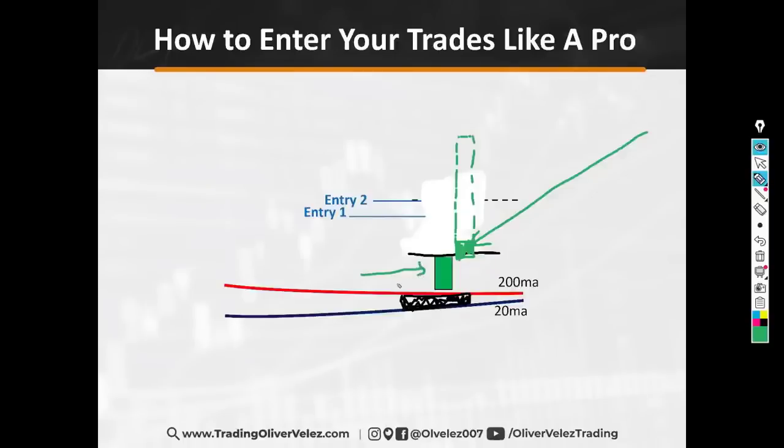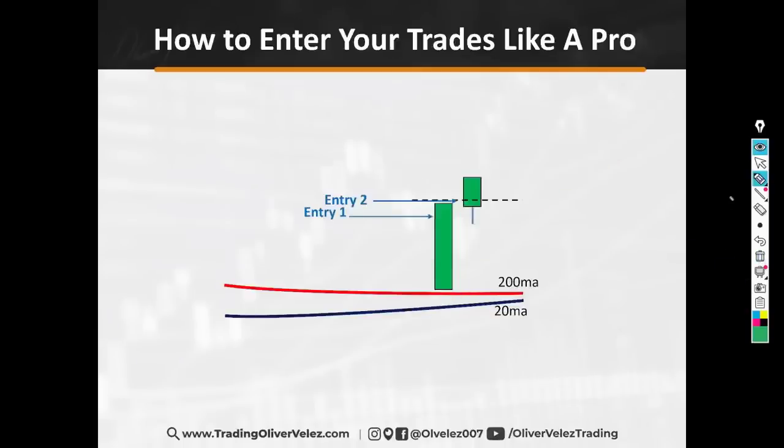You got it? Boom. But in this case, we get the abnormal run up. Boom, we enter this bar. If we've missed it, we enter the next one above the high. And if it's normal, we enter above the high like this.